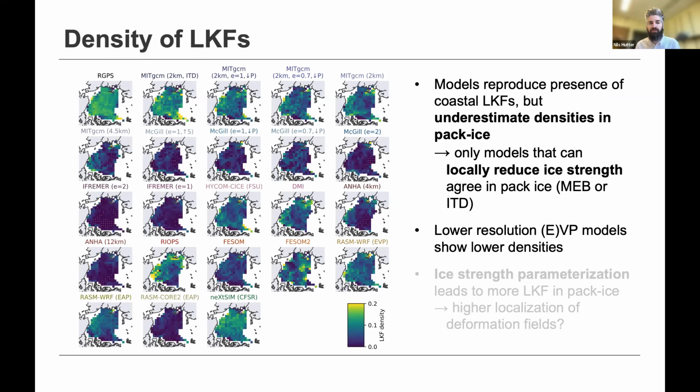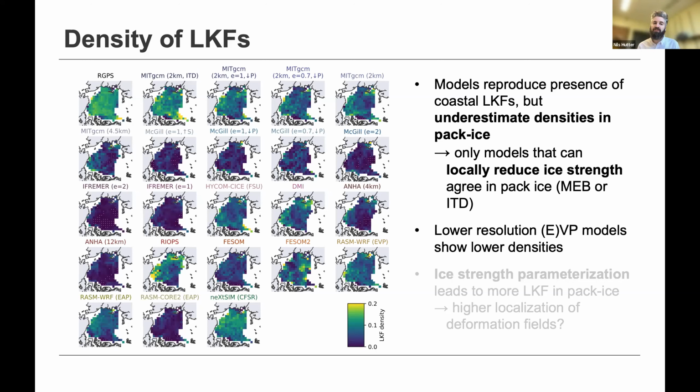If we look into most of the model simulations, we find a quite different picture. There we find that at the coastlines, the models seem to do an okay job representing LKFs, but in the pack ice, most models underestimate the density of LKFs quite strongly.